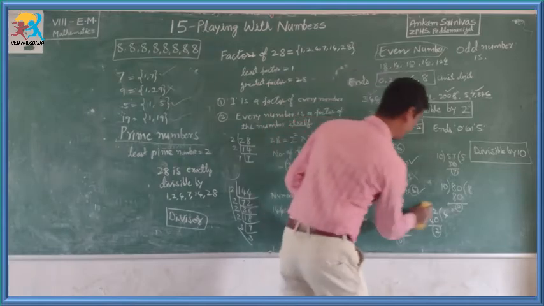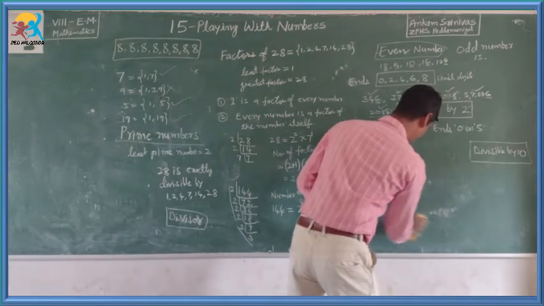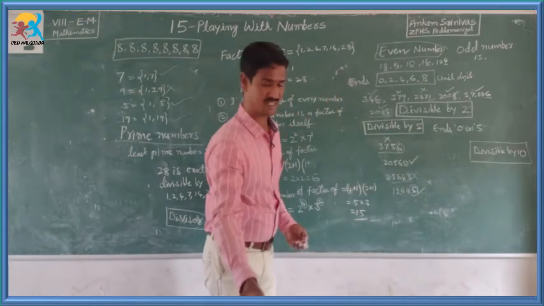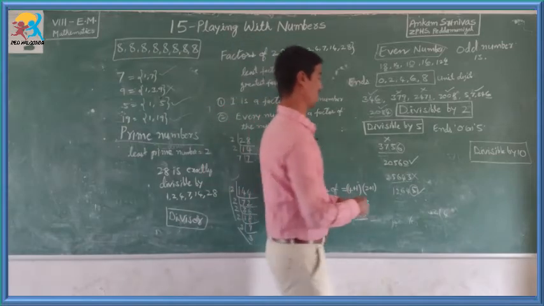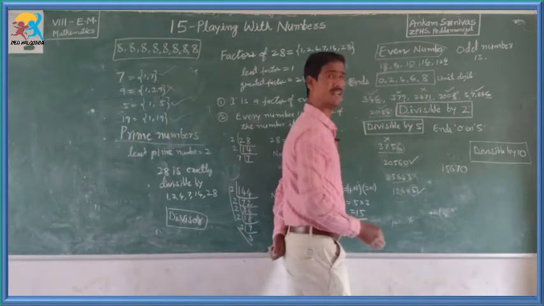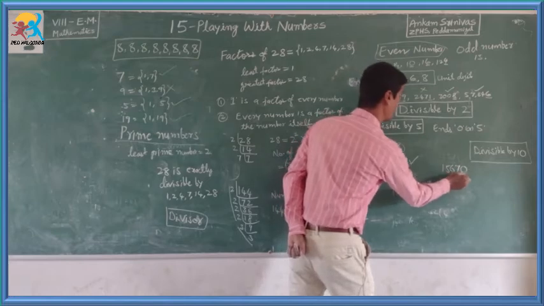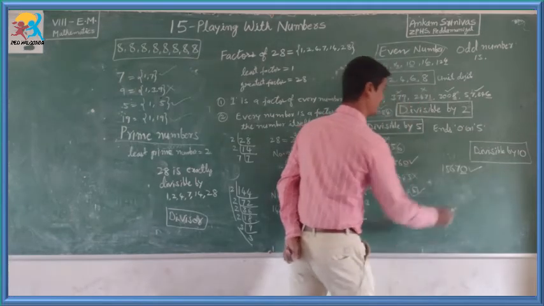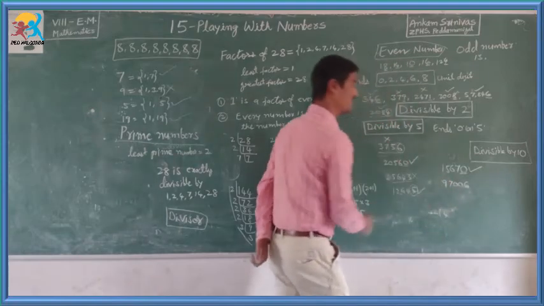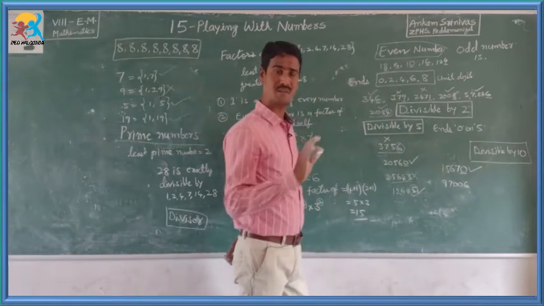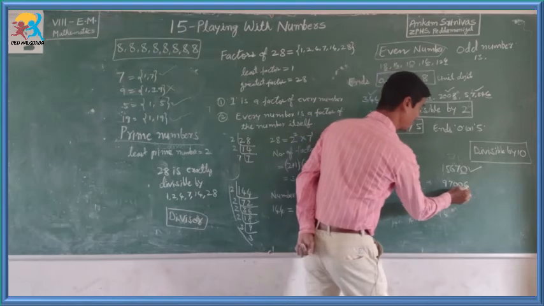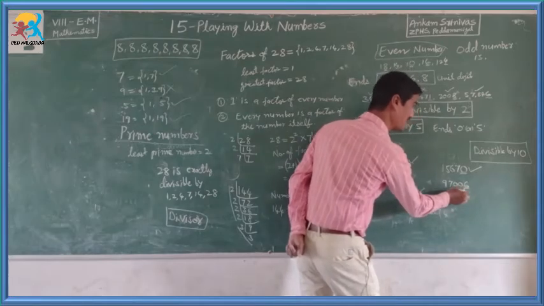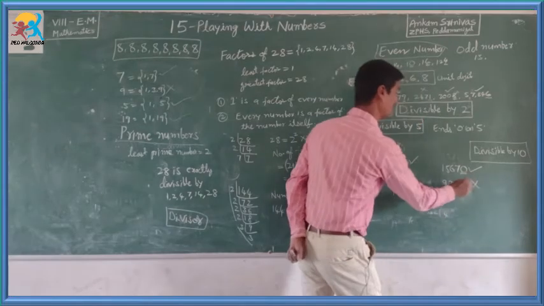Dear children, I will give some numbers; check whether they are divisible by 10 or not. Is it divisible by 10? Yes, because the unit digit is 0. Is this one divisible by 10? No, because the unit digit is not 0. So, not divisible.